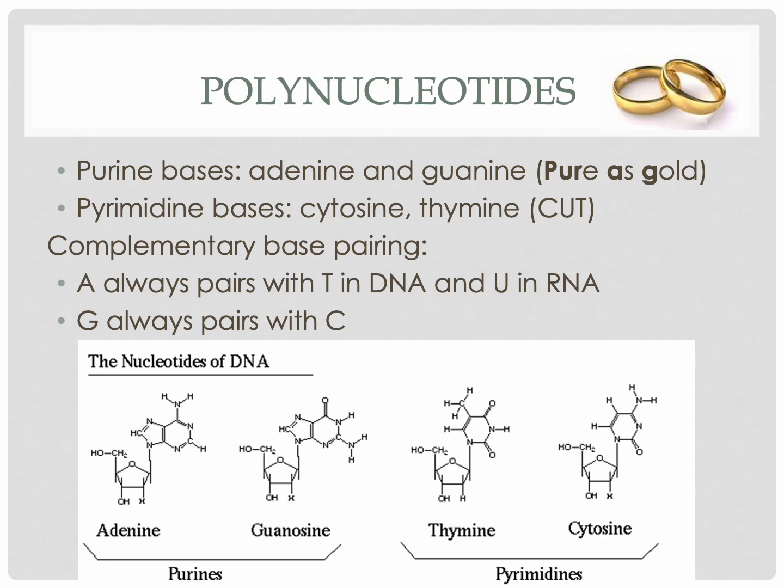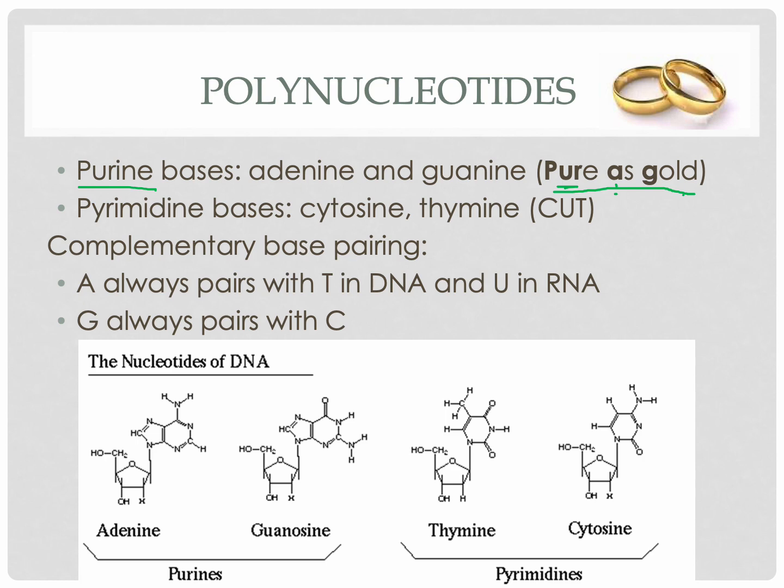The purines, these are adenine and guanine, and you can use this little saying, pure as gold, meaning pure, like purine, as gold. The A stands for the adenine, and then the G in gold is the guanine.